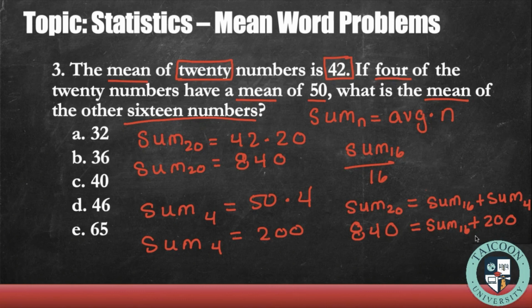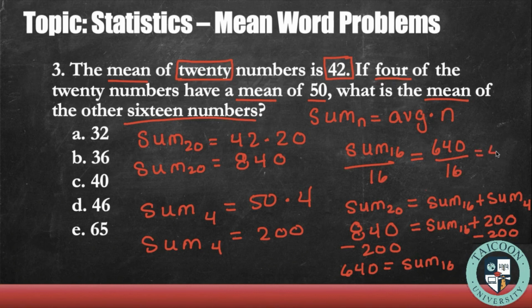We're going to subtract 200 on both sides of this equation, and we have the sum of 16 numbers is going to be 640. If we plug that value into our equation, we have 640 divided by 16 is equal to 40. So 40 is actually the mean of the other 16 numbers.